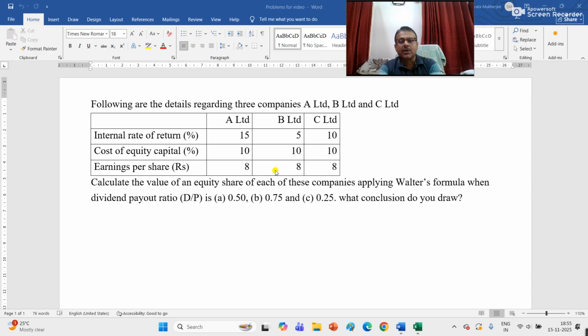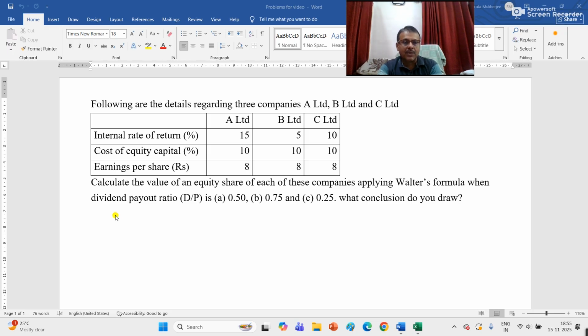And the earning per share is also the same at rupees 8 for A Limited, B Limited and C Limited.